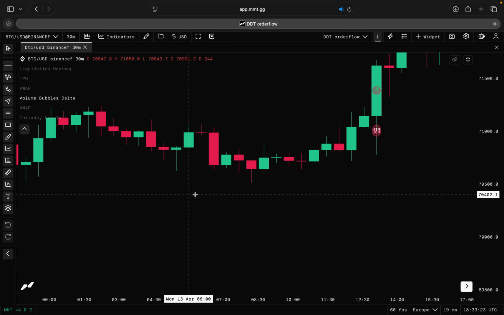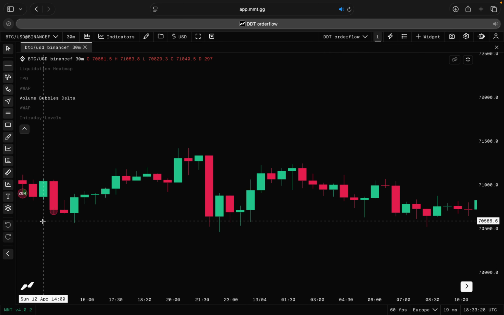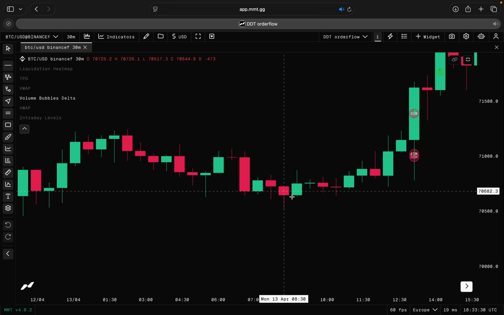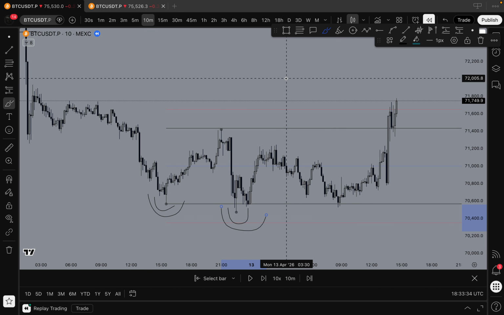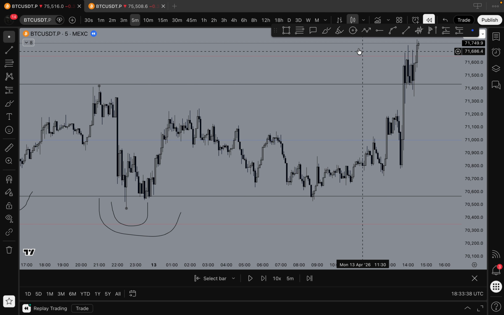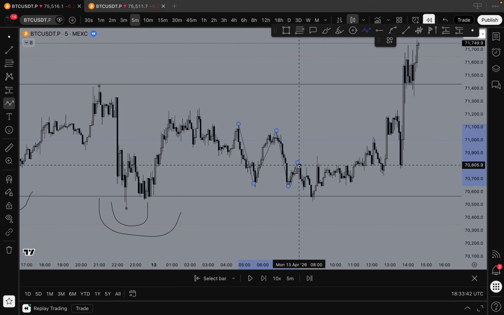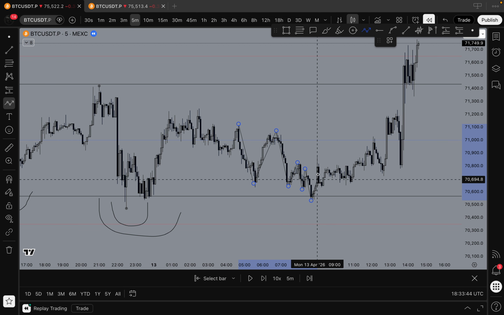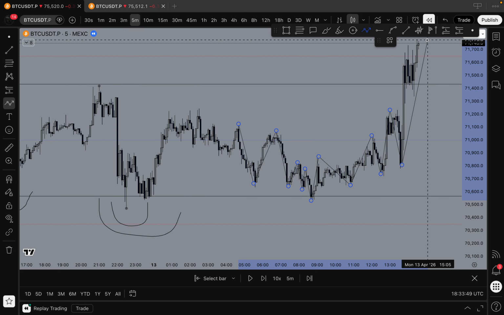And then the third tab, basically the same happened. We absorbed here, and then we came back here, and then we just had to look at structure: low, lower high, lower low, lower high, lower low, lower high, lower low, break, and then we started the uptrend.